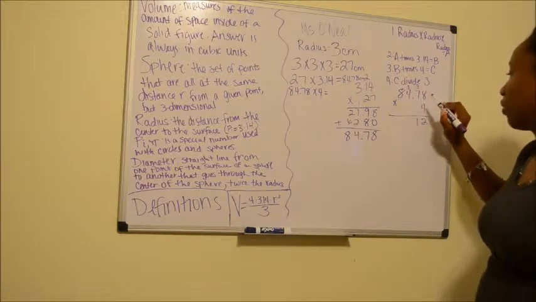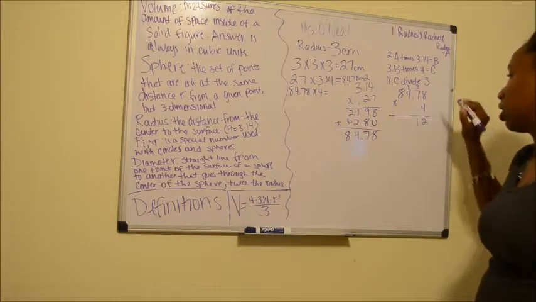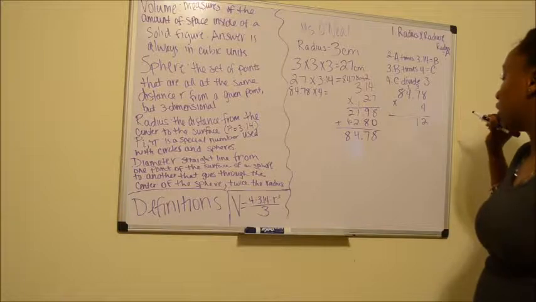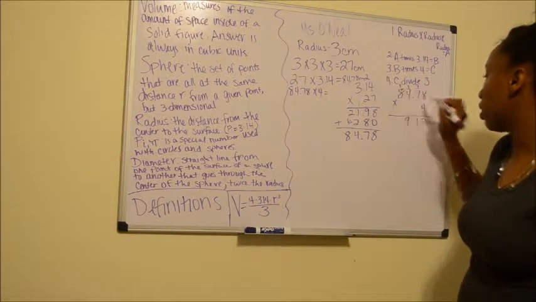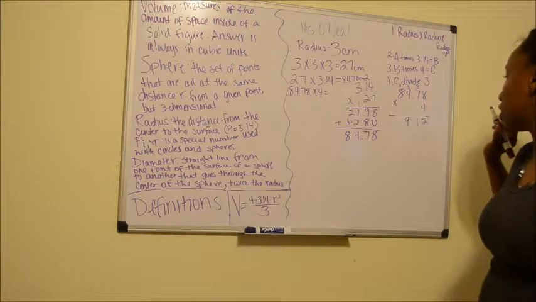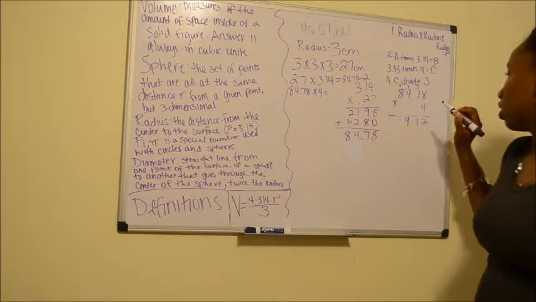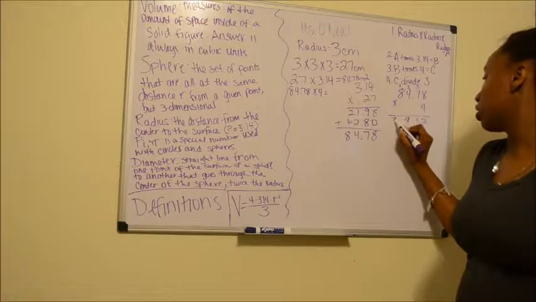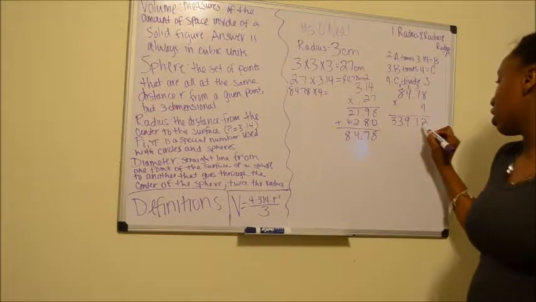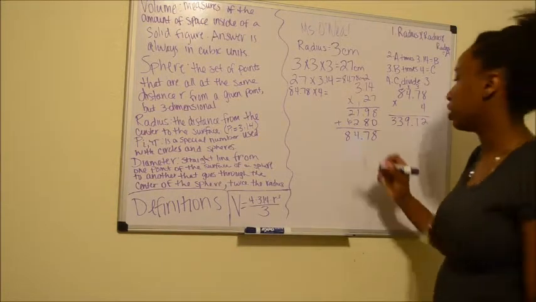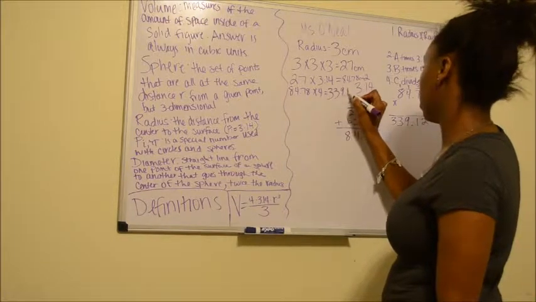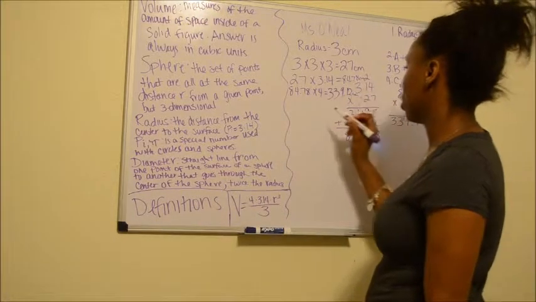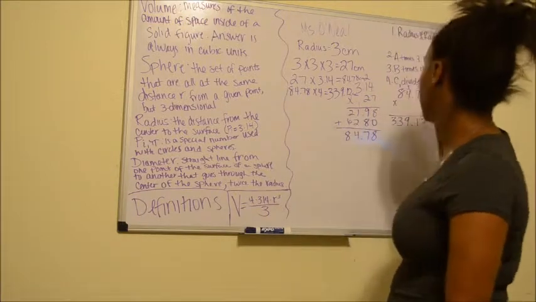Carry 3. 4 times 4 is 16, plus 3 is 19. Put your 9, carry your 1. 8 times 4 is 32, plus 1 is 33. Put your decimal. So your answer is 339.12 centimeters. So then that will be your C.